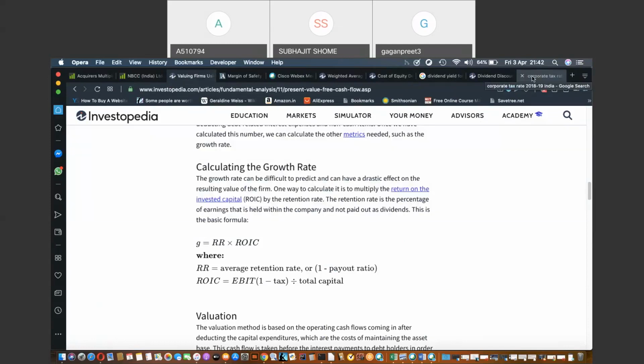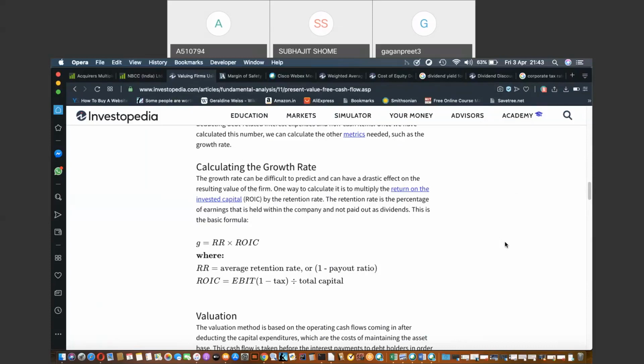So G is equal to 0.036 into the retention ratio 0.9596.